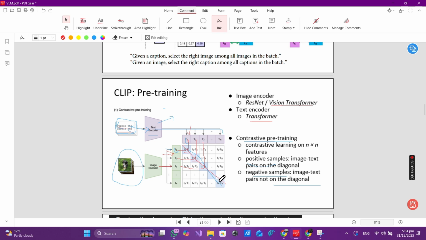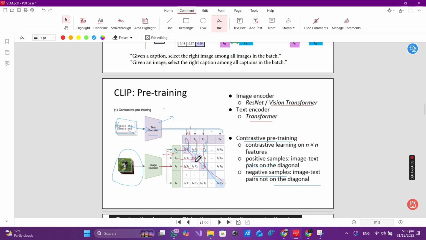Image 2 has text 2, image 3 has text 3. And not just the actual pairs, there is also a relationship between the other pairs, like image 1 with the caption of image 2, and image 1 with the caption of image 3.